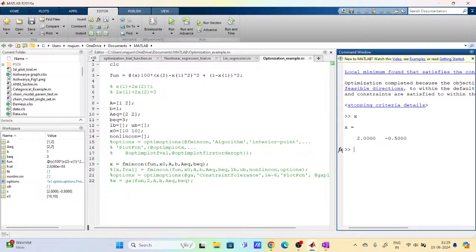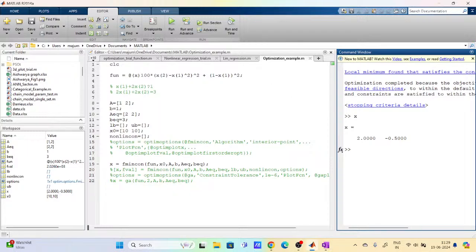Understood, everyone? Now look at this. These are the strategic decisions: the x1 value is 2 and the x2 value is minus 0.5. Can you tell me the functional value, the minimum value of this function?